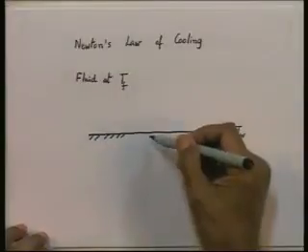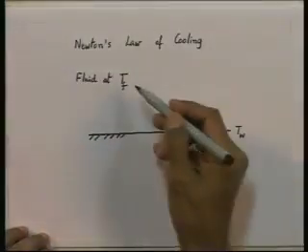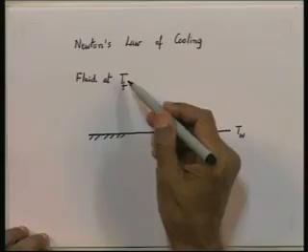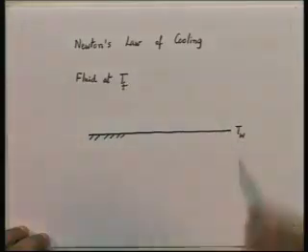The two temperatures are different. So, heat is either going to flow from the wall to the fluid if Tw is greater than Tf, or it is going to flow from the fluid to the wall if Tf is greater than Tw.